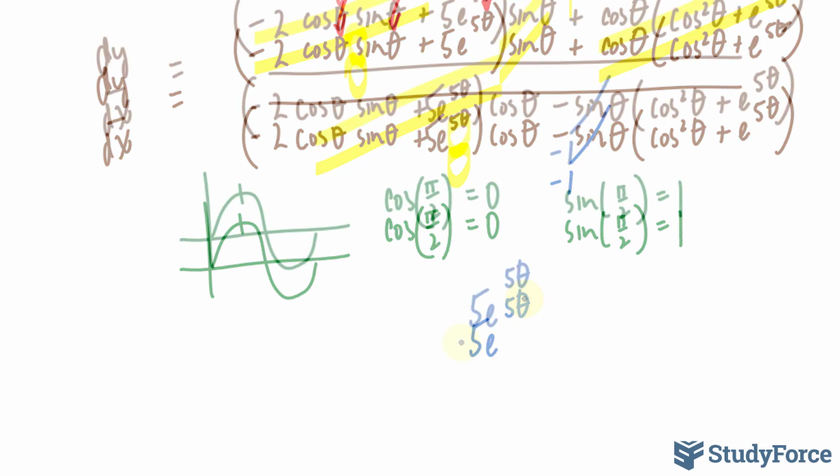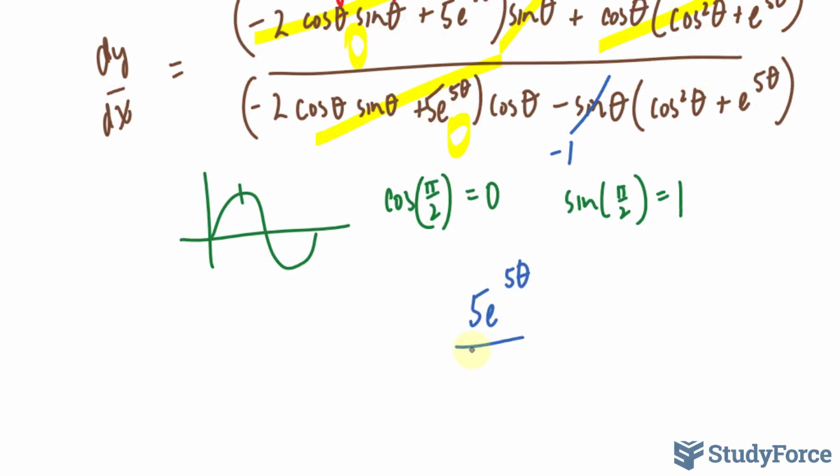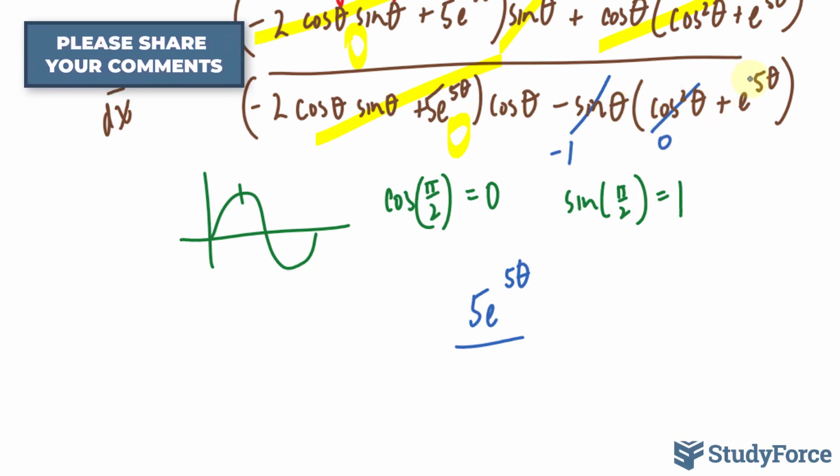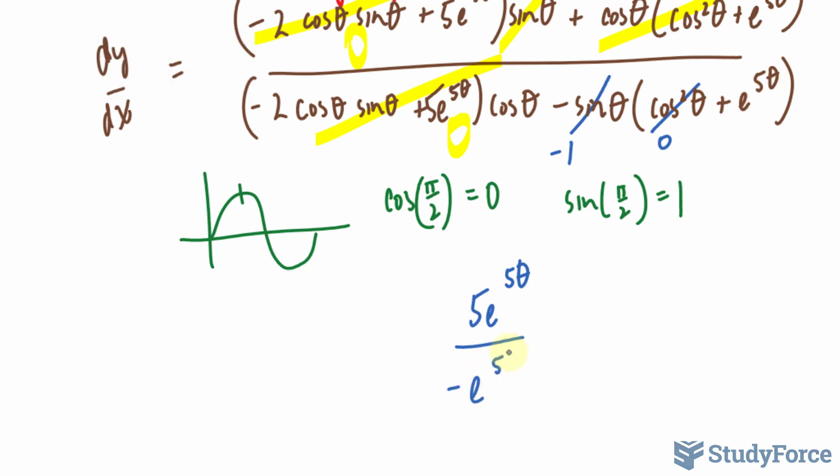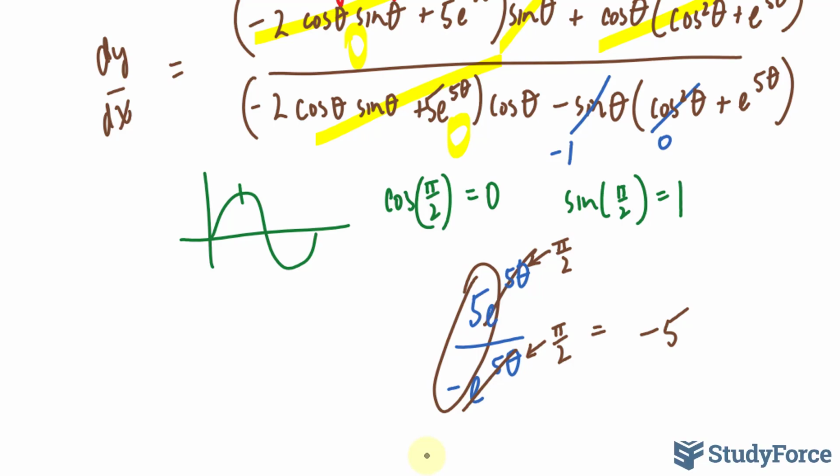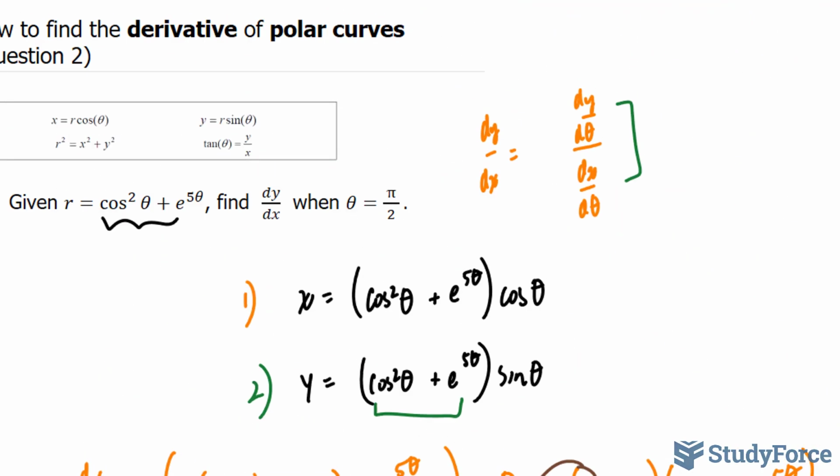So our numerator is 5e to the power of 5 theta, this becomes 0, and over here, this becomes a 0. Negative 1 times e to the power of 5 theta gives us negative e to the power of 5 theta. If I apply pi over 2 into here, and pi over 2 into here, I'll end up with negative 5, because this cancels out with this, and 5 over negative 1 is negative 5. And there you have it. That is how to find the derivative of polar curves.